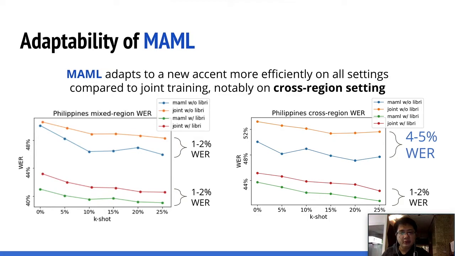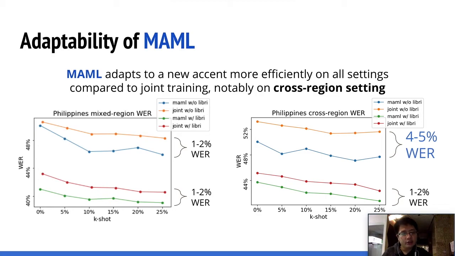We further show the effectiveness of adaptability of MAML. In mixed region settings, for MAML compared to joint training with and without LibriSpeech pre-training, and also in cross-region with pre-training, we can see that MAML achieves better performance by around 2% word error rate.